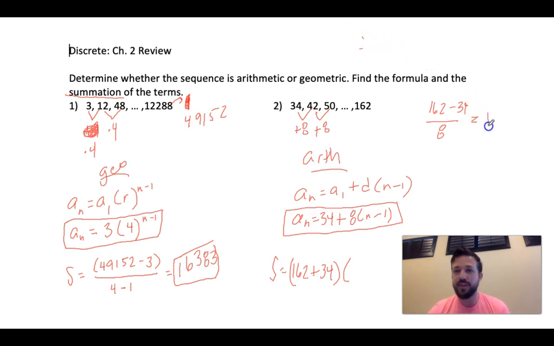Whoa. 16, and then remember, add 1 because you're not counting that first term. So it's 17 terms divided by 2, and we get 162 plus 34 times 17 divided by 2, and that comes out to 1666. Okay, and that is the summation of that.